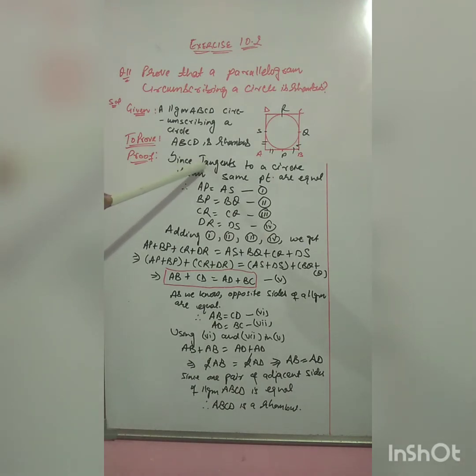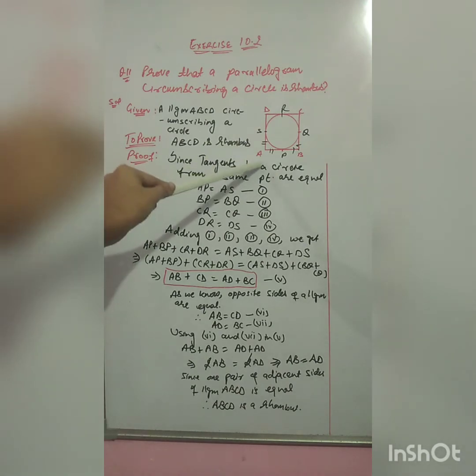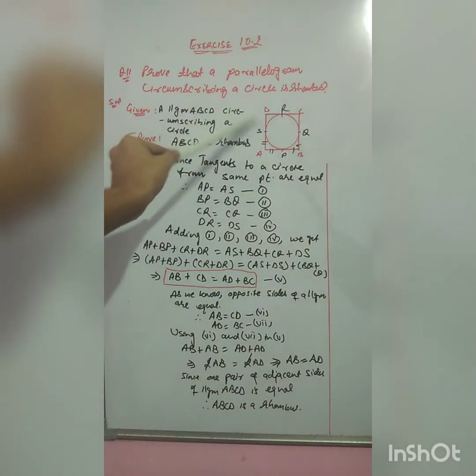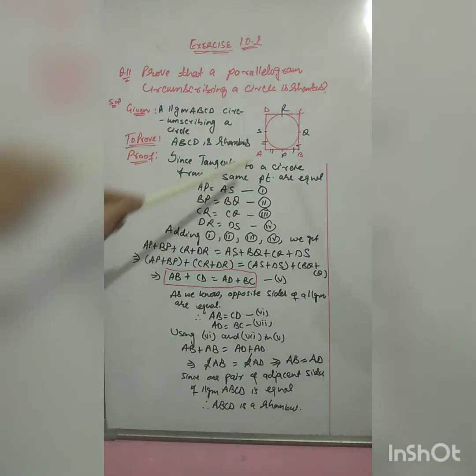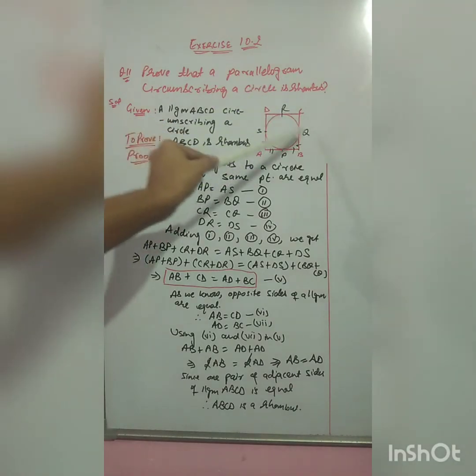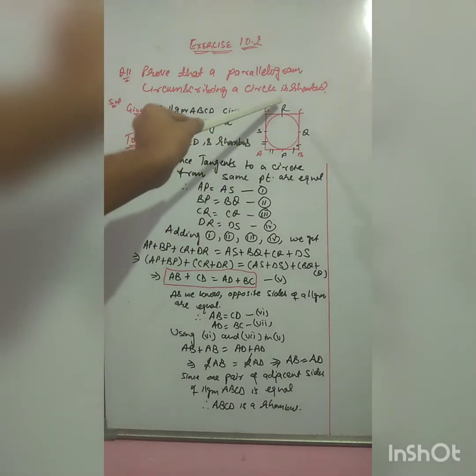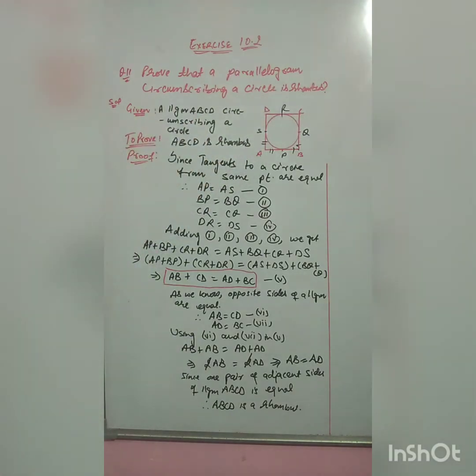if tangents from the external point are equal, then AP, AS are equal, BP, BQ are equal, CQ, CR, DR, DS. Adding this, we will get AB plus CD is equal to AD plus BC. Now we know that opposite sides of a parallelogram are equal. So AB and CD are equal, AD and BC are equal.